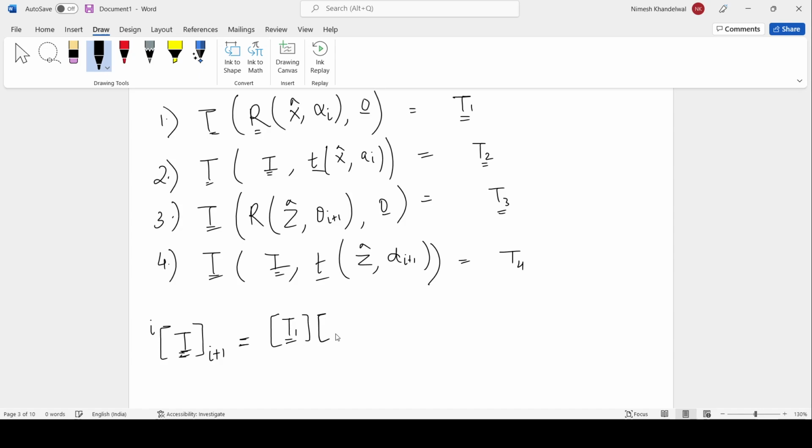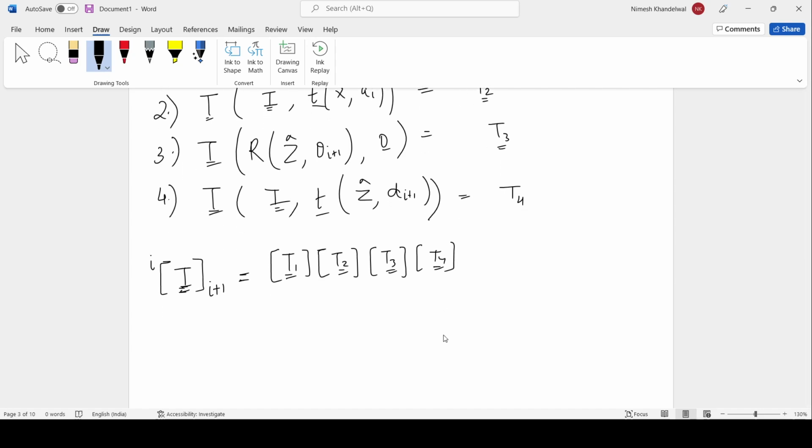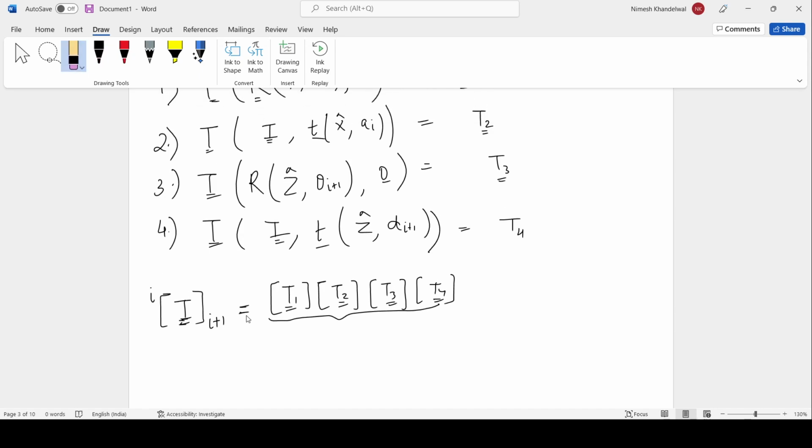Okay, so this T1, T2, T3 and T4. And now once you write their matrix form and actually multiply them, you will get the same result as Saresh had shown in the lectures.